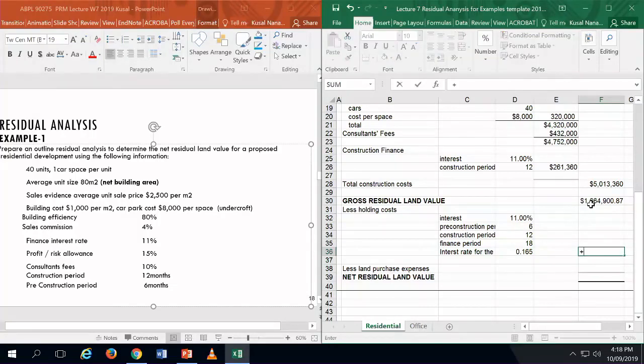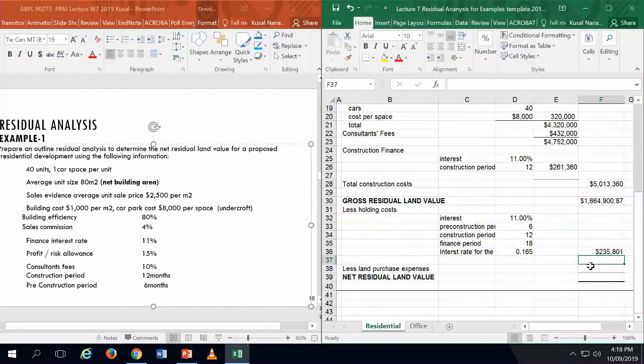This gross residual land value is 1.165, and then we have to calculate the interest. Separate the interest, 0.165. 235,801. That's interest. Remember, we are going backwards.